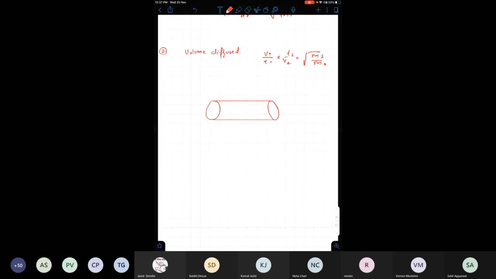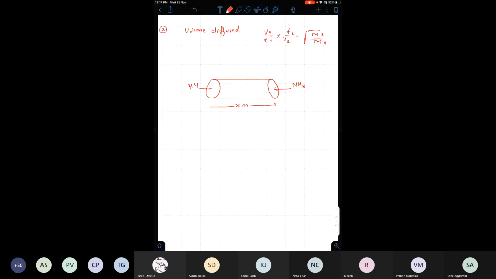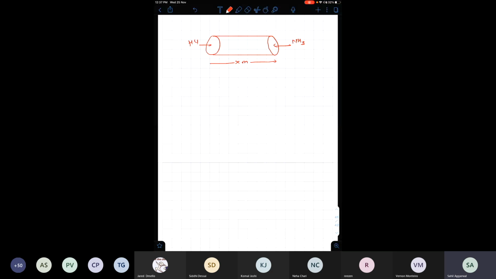If you have a long tube of some distance, let it be x meter, from one side you are putting ammonia, from one side you are putting HCl, then white PPT will be formed: towards HCl, towards ammonia, at the center, can't be predicted.